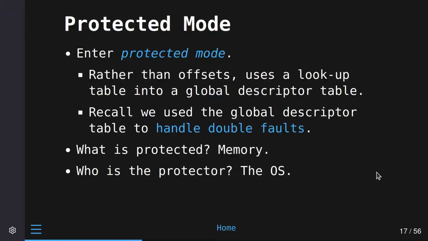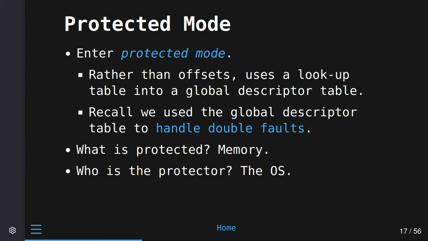To my knowledge, protected mode is the first time the metaphor of there being separate kernel and user level programs was codified in hardware. There were actual bits in the hardware that said whether you were operating at user or kernel level mode. So protected mode is historically interesting for that reason. Alongside this change, a lot of memory accesses became more conditional.